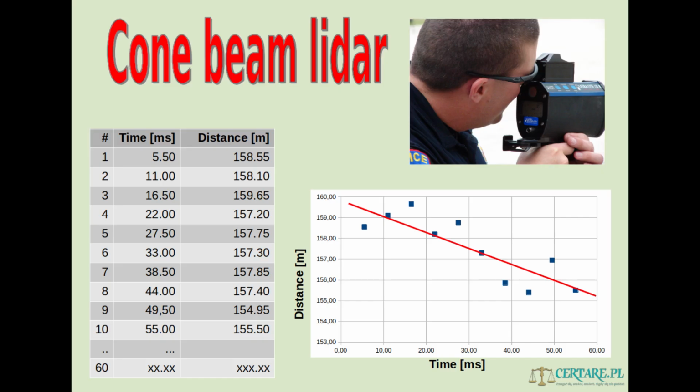So there are 60 different distances at different time periods, and this algorithm pretty much tries to calculate a straight line that is nearest to all of those points, and the slope of that line gives you the speed, the average speed within this whole package of data. That's what this is about.